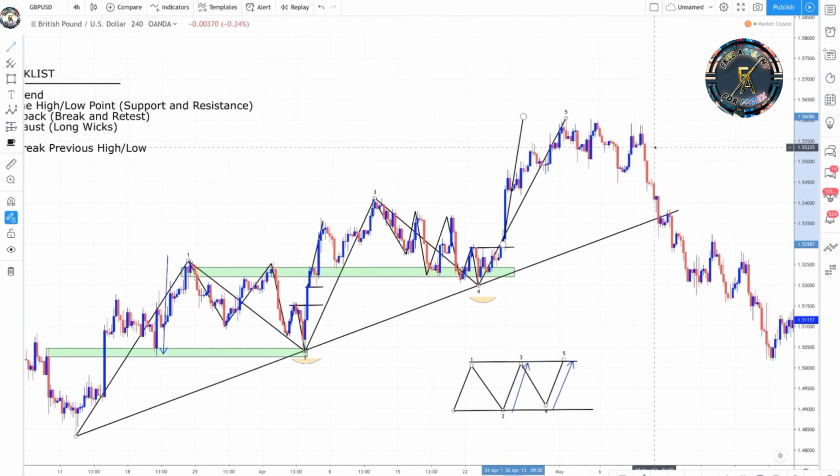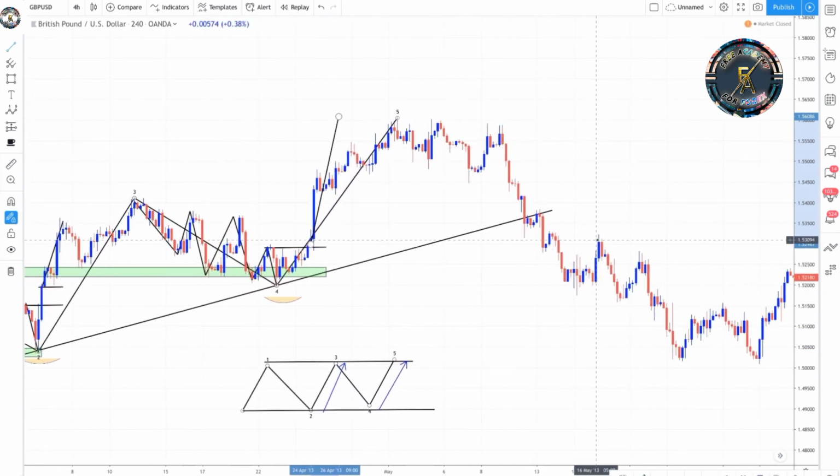Now, I'll give you one last example right here in a downtrending market. The market came down to a low. We can see that the market created a low inside of the market right over here. The market pulled back to the trend line. Now, as the market pulled back to the trend line and began to keep coming down, we can see that this candle broke on the outside of this high.